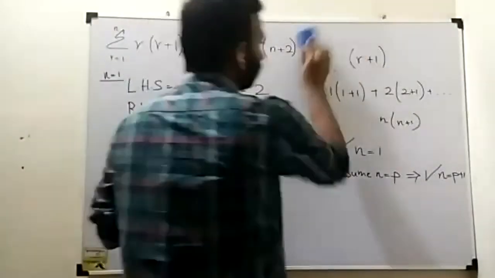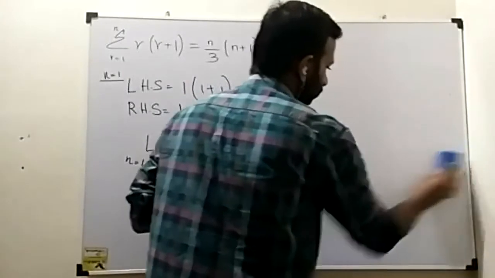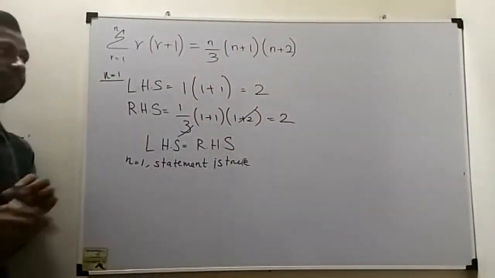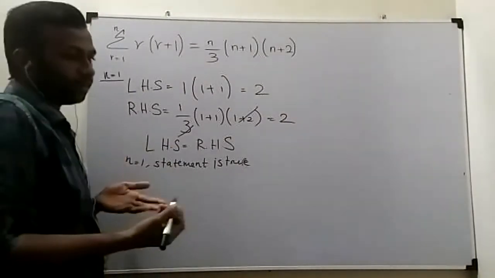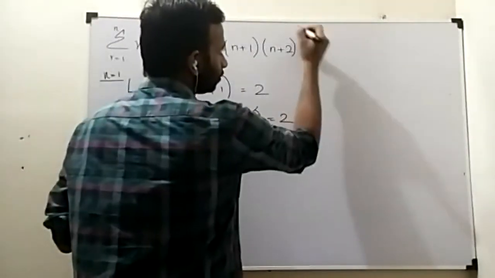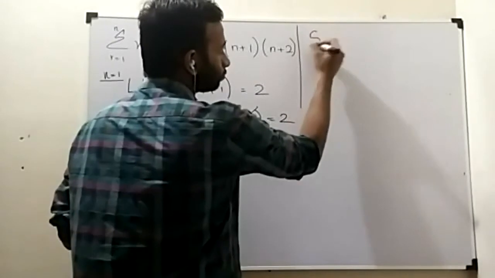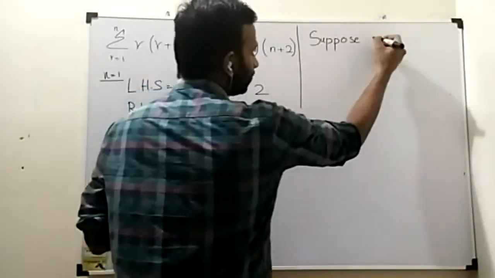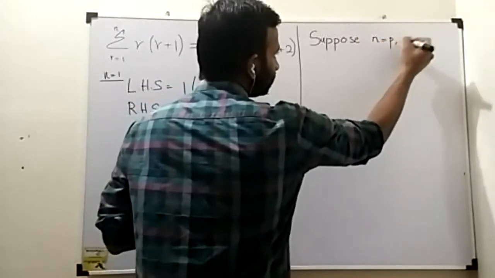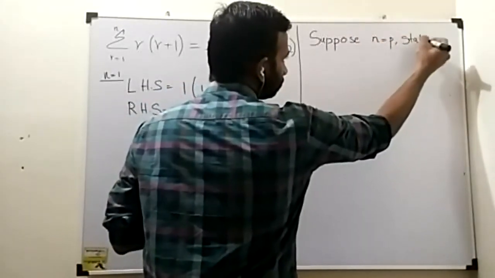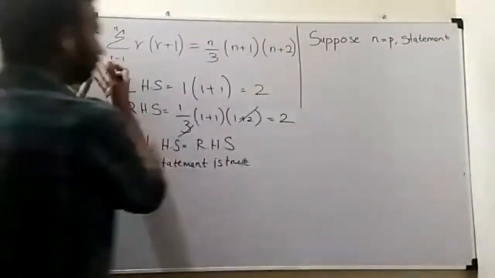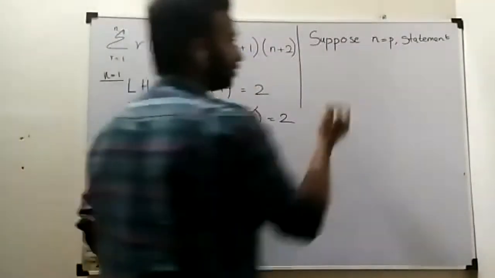So erase this part. The next thing we need to do is assume that the statement is true. So suppose when n is equal to p, the statement is true. Now what do I mean by the statement? The statement is this thing, right? This is equal to this. That's what is true.